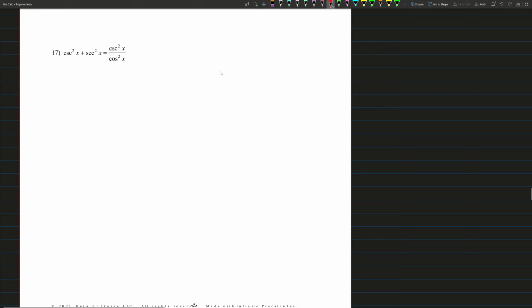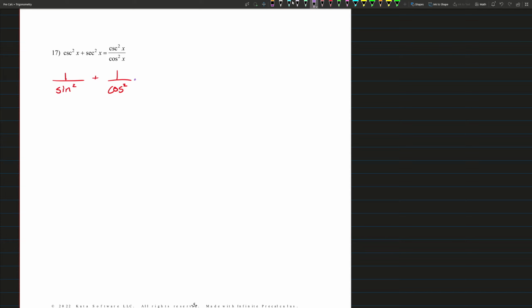Number 17, I'm going to write cosecant squared as 1 over sine squared, and secant squared is 1 over cosine squared. And I'm just going to try and add these two fractions together and see what happens. In order to add these two things together, we need a common denominator.